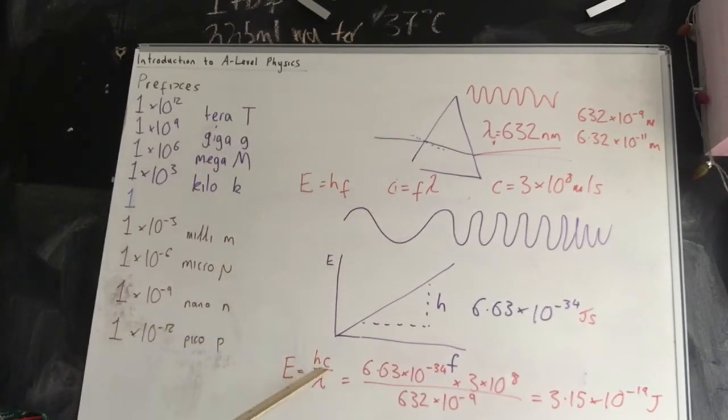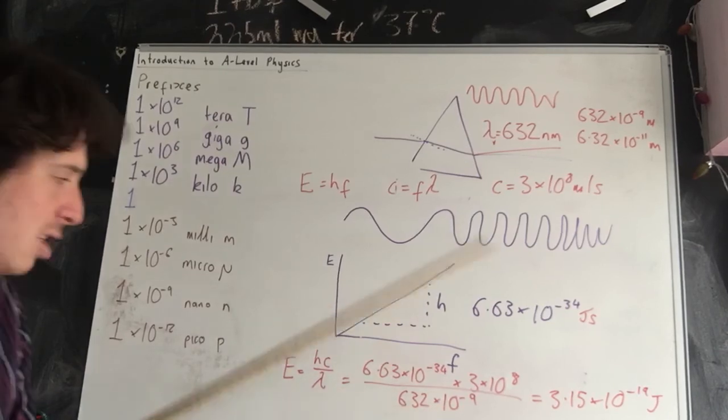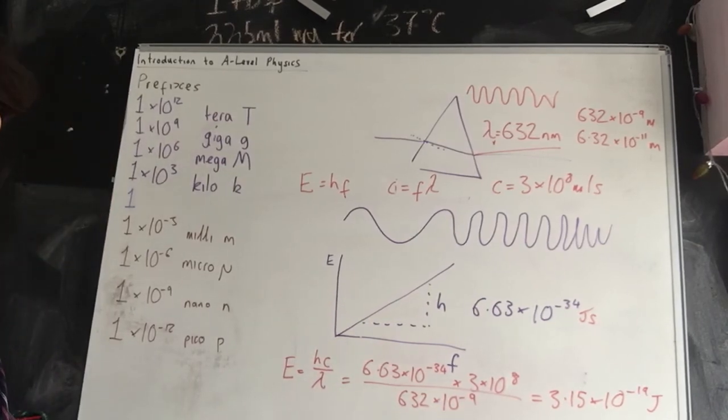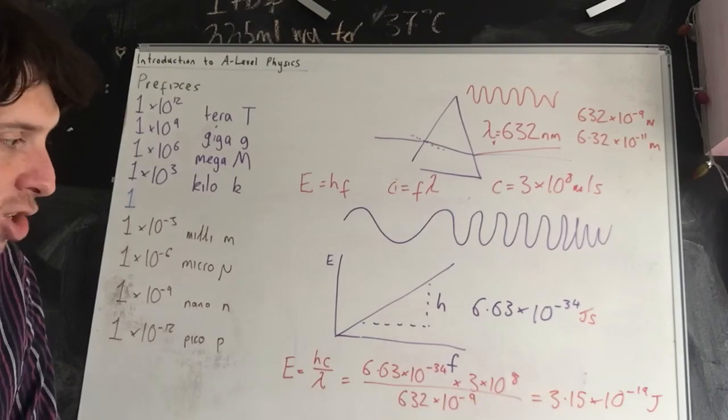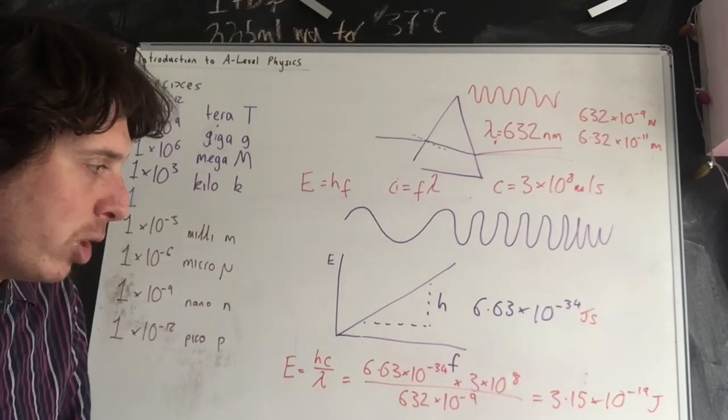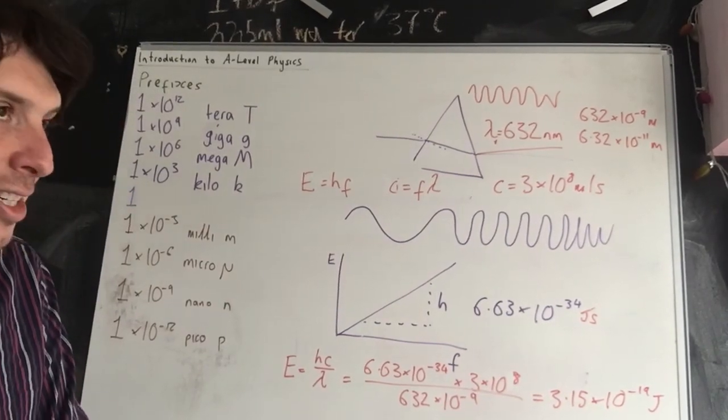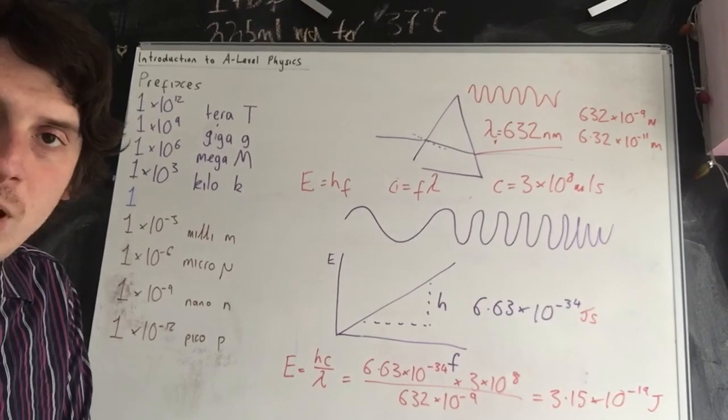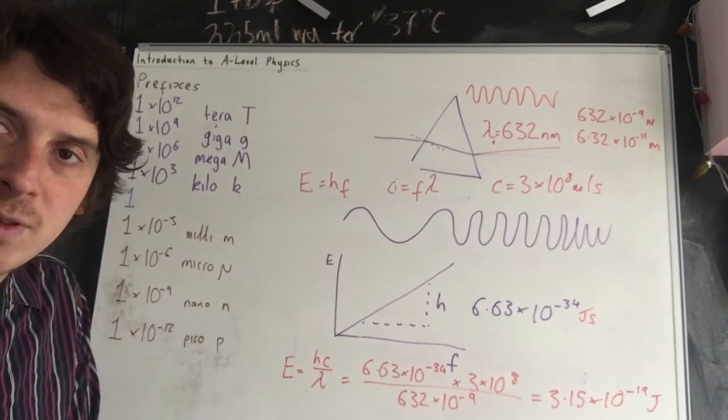So h times c divided by wavelength would give us 6.63 times 10 to the minus 34, which is here, times the speed of light, which is here, divided by the wavelength of red light, which is 632 times 10 to the minus 9, which means that red light has this amount of energy, which is 3.2 times 10 to the minus 19 joules, also known as 2 electron volts, but that's for something later.